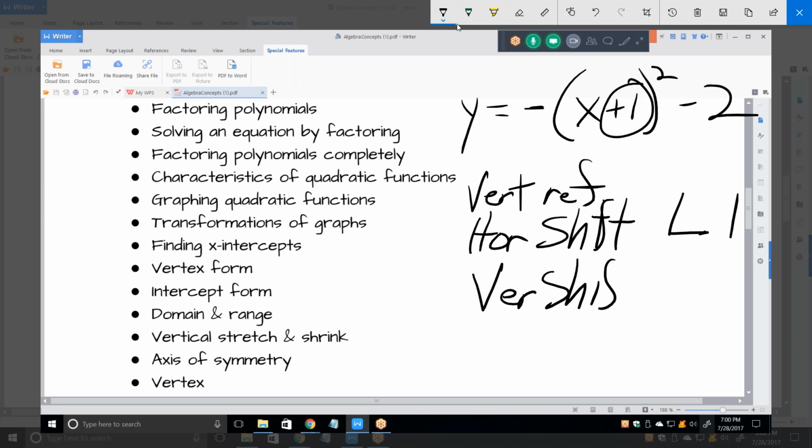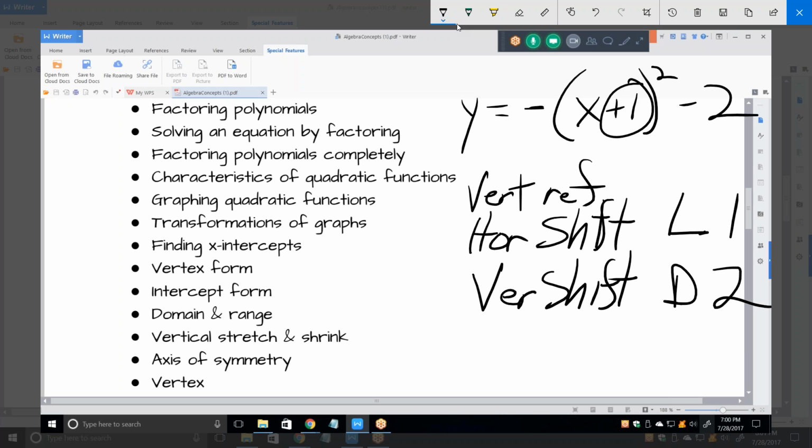Vertical is always up or down. Oh, okay, then down. Down by 2. So you only have 3 things going on in this transformation: the vertical reflection, the horizontal shift, and the vertical shift.